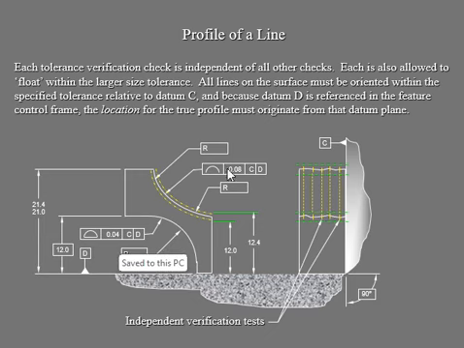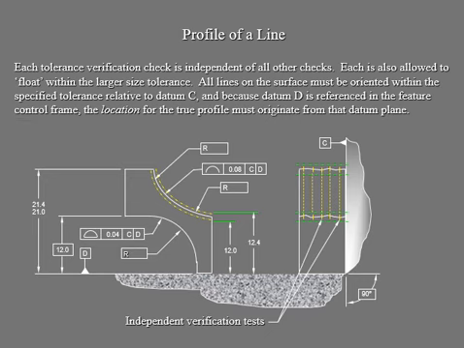Larger tolerance meaning you're comparing that, see this one is a larger tolerance. And then of course all lines on that surface have got to be oriented within your specified tolerance, which is relative to that datum plane, which is your C right here, okay?